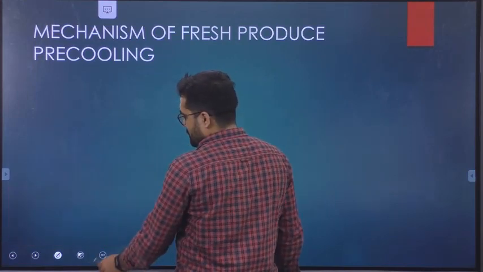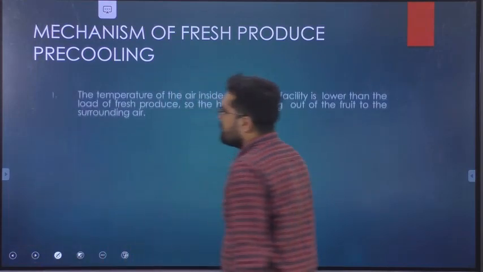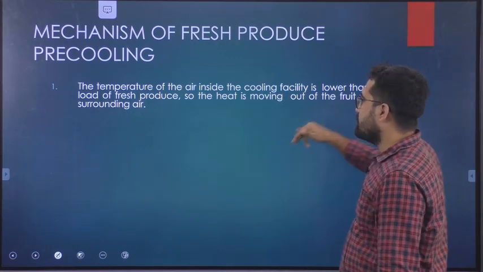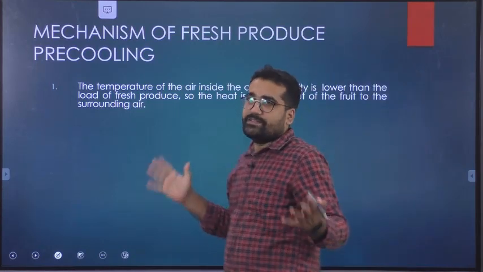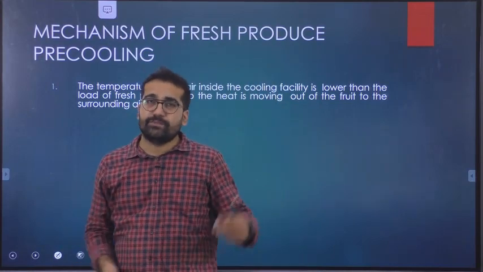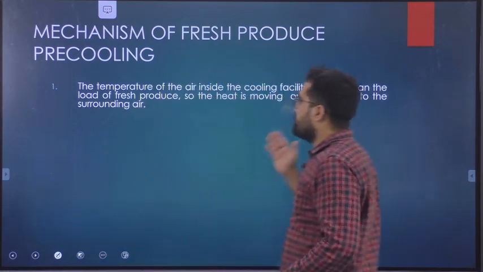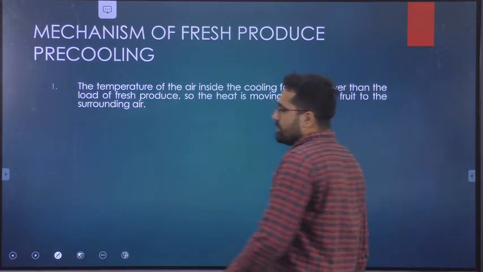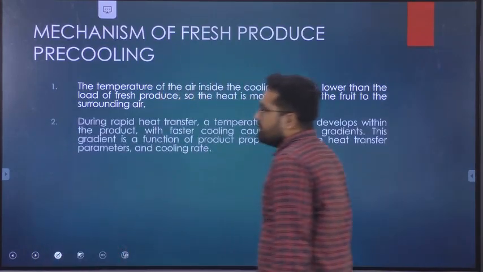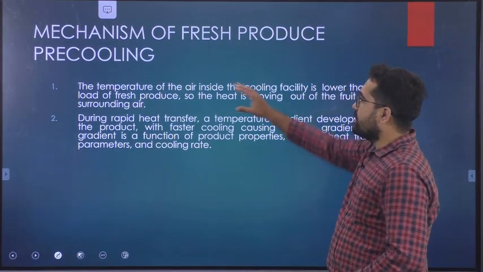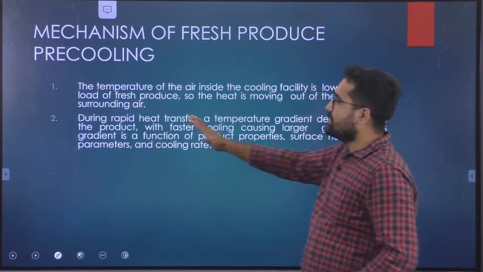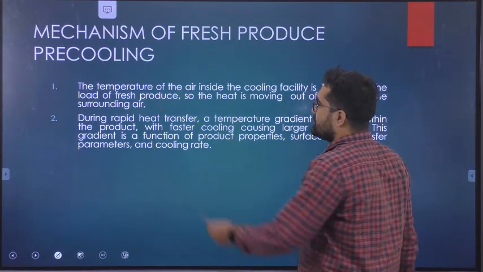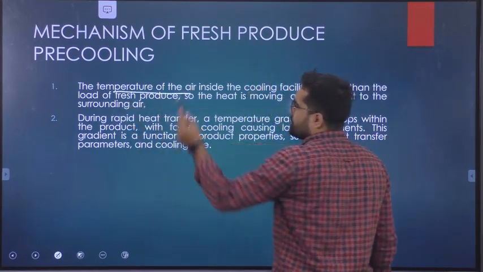So what will happen? The temperature of the ambient air inside the cooling facility will get reduced, and the heat is moved out from the fresh produce by the surrounding air. Here we are talking about the forced air type system. Okay, so we are talking about air. The cooled air is fed inside the system so that the product temperature can be reduced.